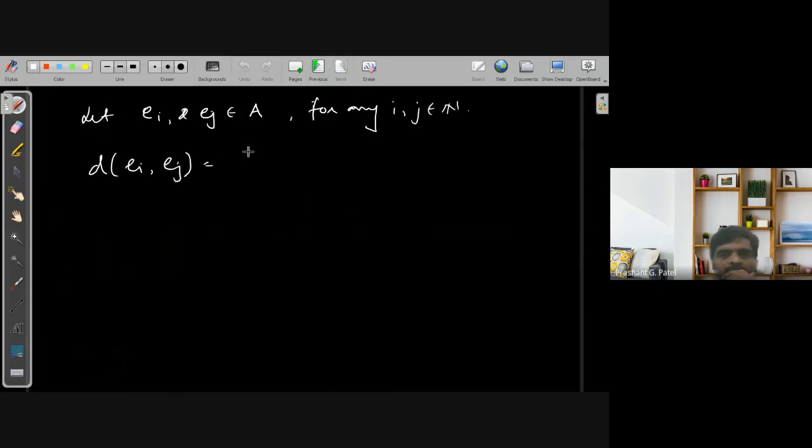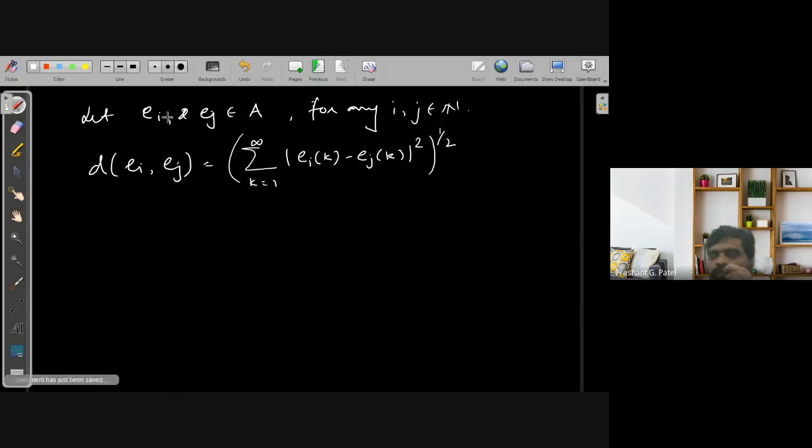So if I use that here, that is summation k running from 1 to infinity of mod of e_i at the place k minus e_j at the place k, whole square, whole power 1 by 2. Now what is this e_i? At the ith place it gives me one, and at all other places it has a 0. For this e_j, at the jth place it has the value one, and all other places it is 0.